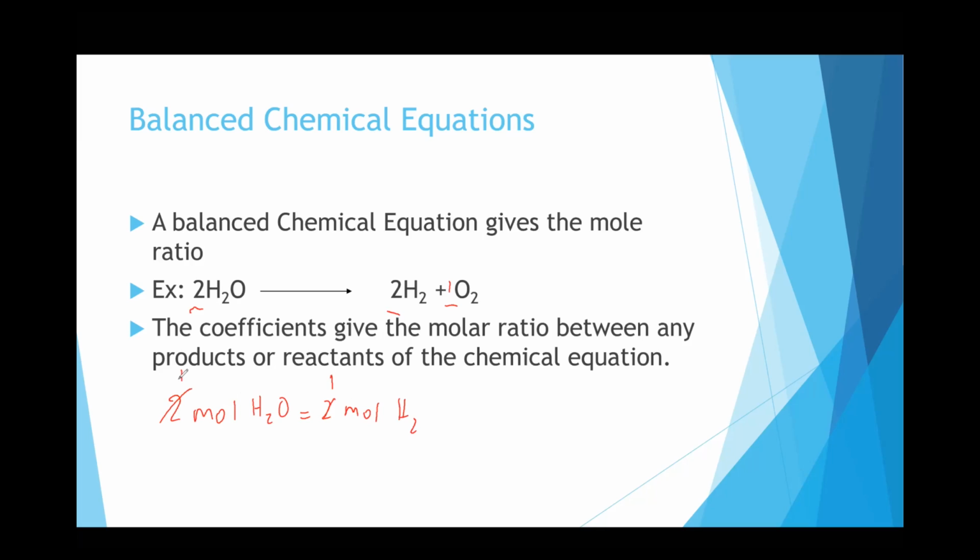So we get 1 mole of water equals 1 mole of hydrogen gas. Similarly, for H2O and O2, we have 2 moles H2O equals 1 mole O2. There's no factor we can divide out of the 2 and 1, so that's our simplest form. That gives us the mole-to-mole ratio.